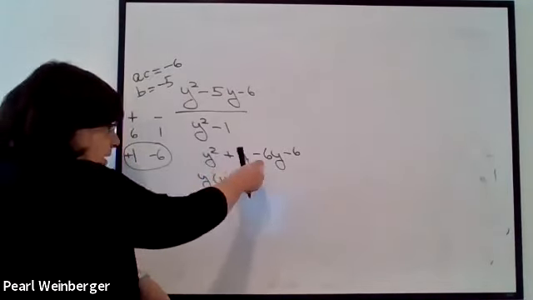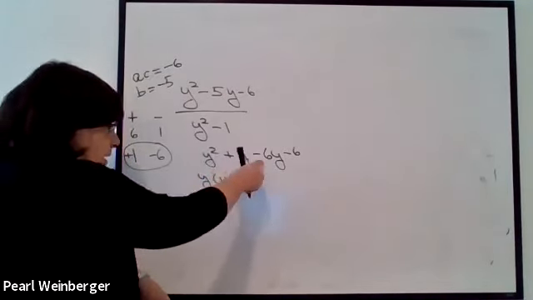Now let's look at our denominator. We have y squared minus 1. Now, remember when you have a binomial, again, you first look for a common factor, and there is no common factor. That's what you look for first.